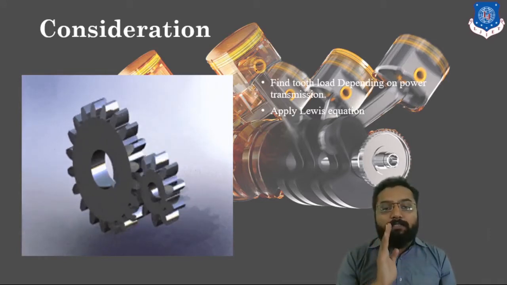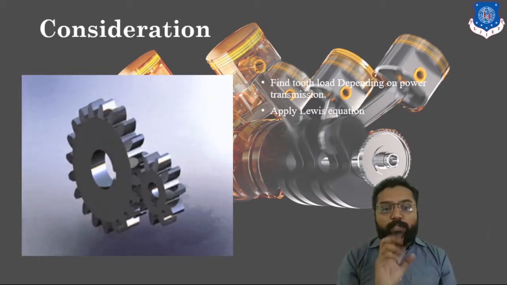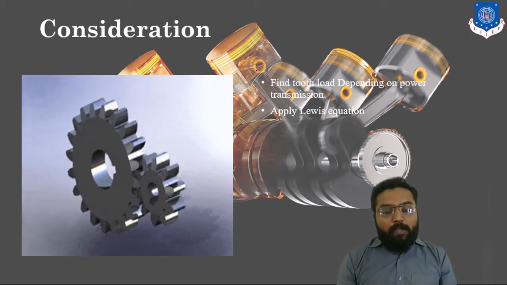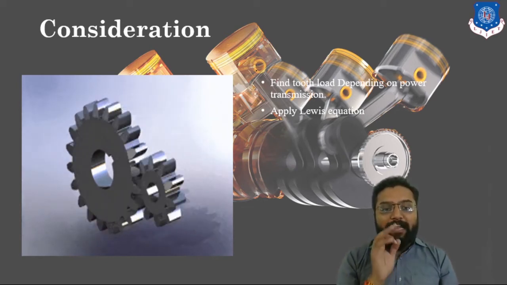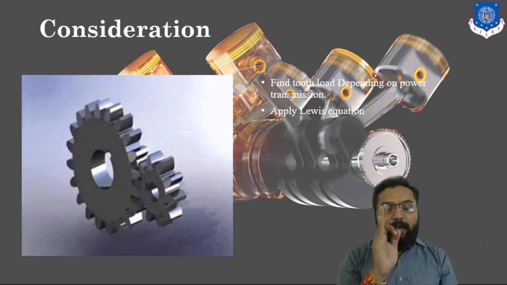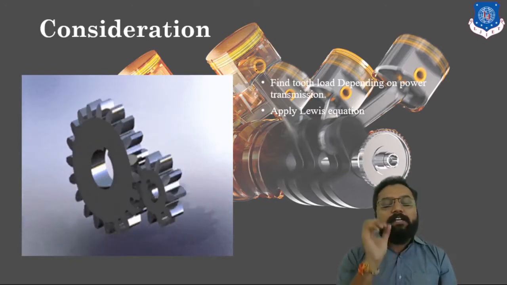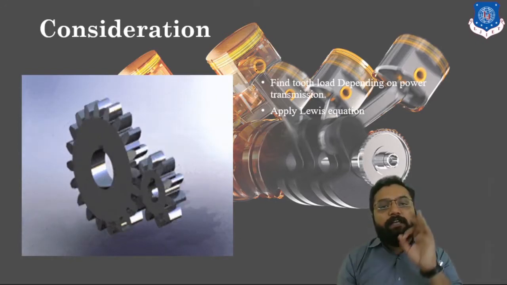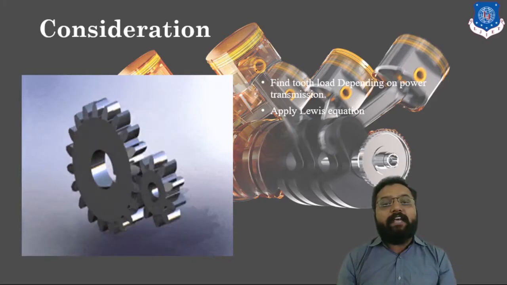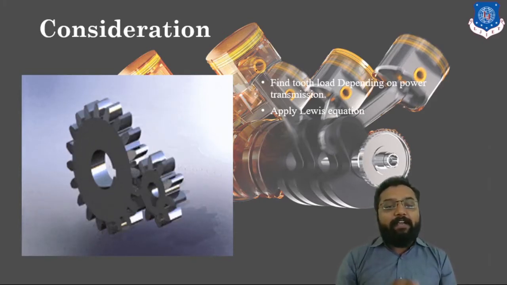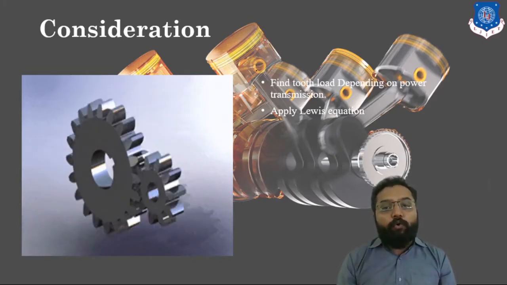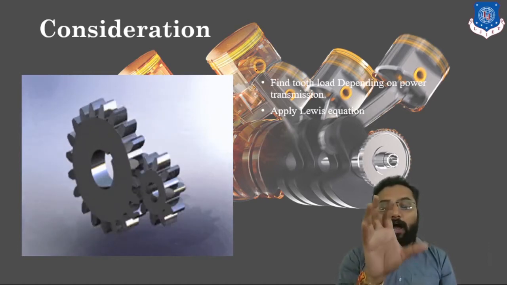We are going to consider our tooth as a cantilever beam. So our teeth will act as a cantilever beam, and for that we are going to apply this Lewis equation. This Lewis equation will give us a limiting stress, or you can say allowable stress, depending on our thrust load, or you can say the load acting on our tooth.